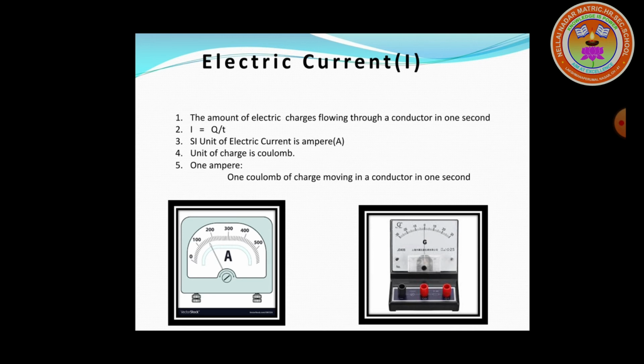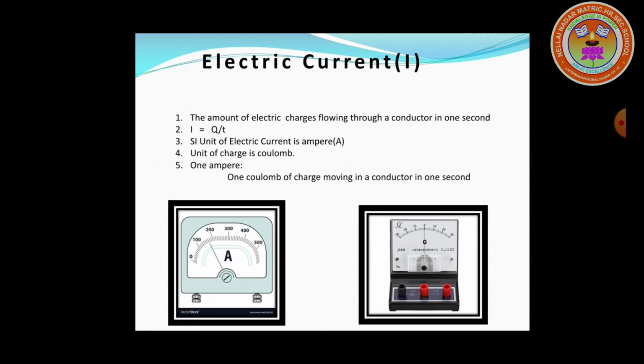Students, what is the use of the ammeter? The ammeter is used to measure the amount of electric current. And what is the use of the galvanometer? It is used to find out the direction of the current.